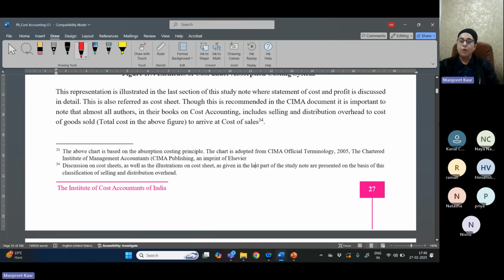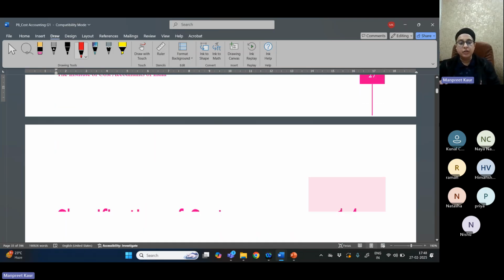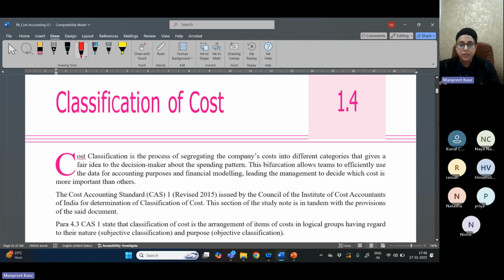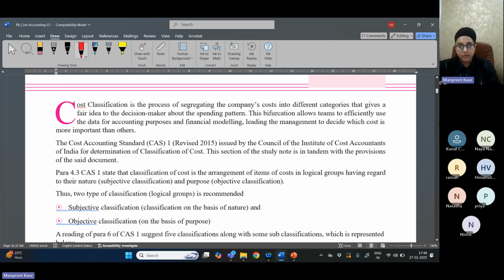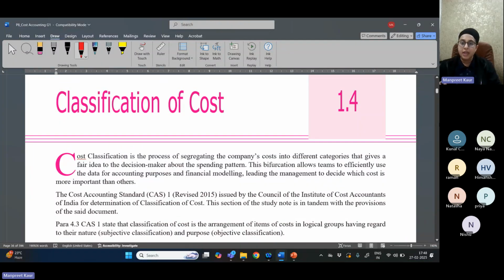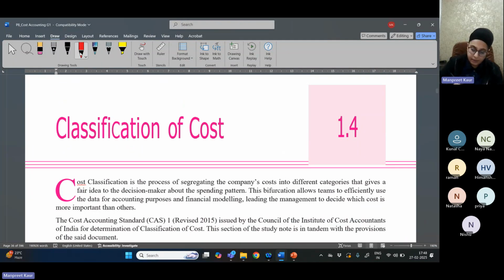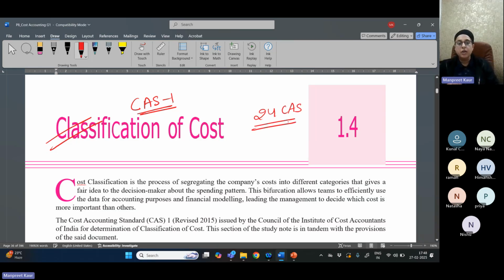Here we have done the elements of cost and detailed cost sheet. Now it's a classification of cost. CAS 1 of cost accounting standard is the classification of cost. We have 24 cost accounting standards till date.